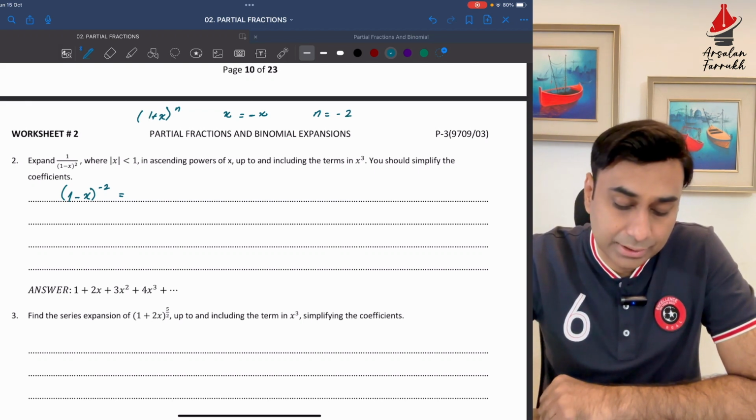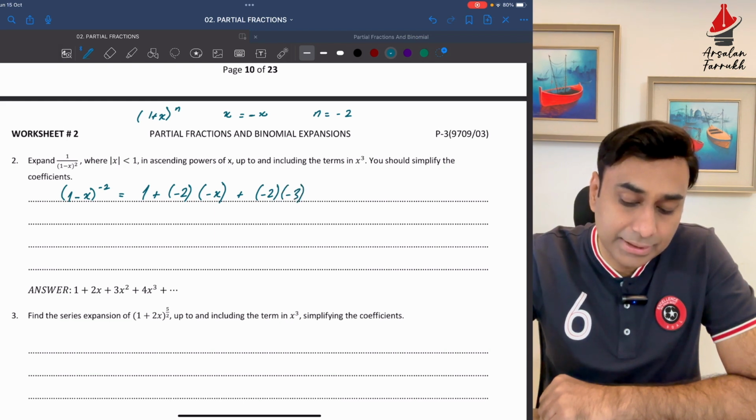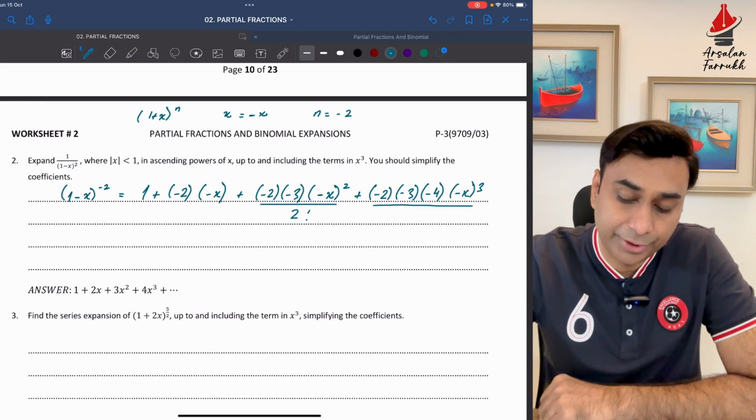So therefore, I can start expanding it, and I can say 1 plus nx, that's going to be minus 2 times minus x, plus n, which is minus 2, n minus 1, which will be minus 3, x squared, that will be minus x whole square divided by 2 factorial, plus n, which is minus 2, n minus 1, which is minus 3, n minus 2, which would be minus 4, minus x whole cube divided by 3 factorial.